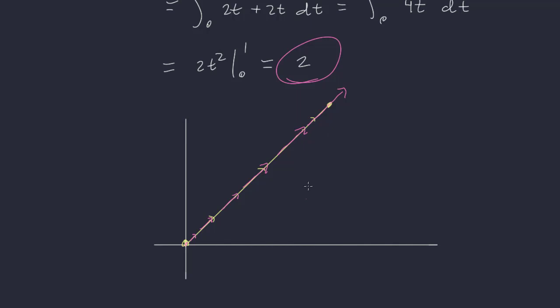So all the f vectors push along the path C, so we end up with a positive number. All of these f dot t's are positive, so we end up with a positive circulation, since F pushes along or along with C.